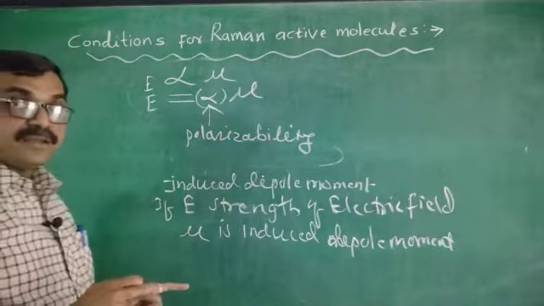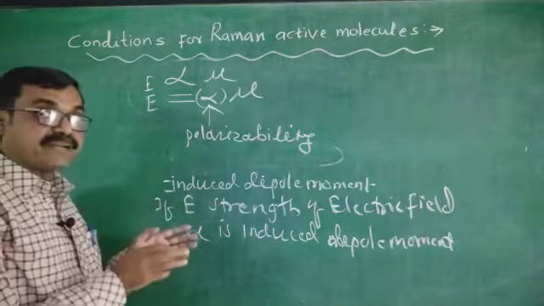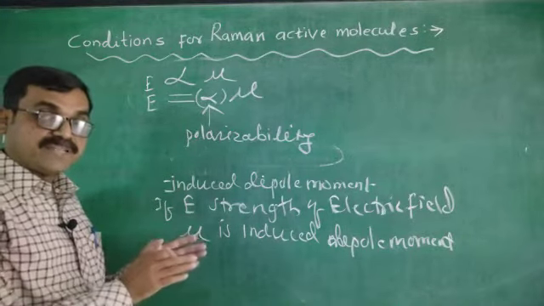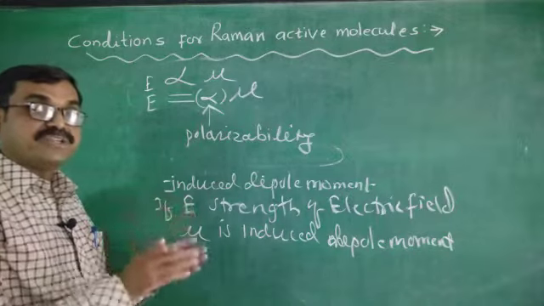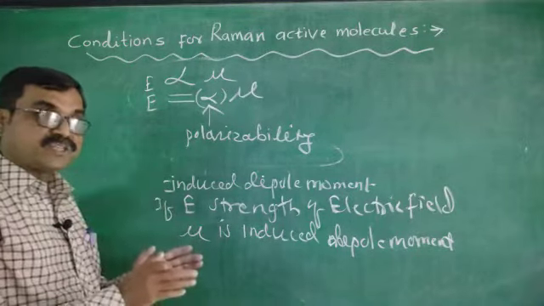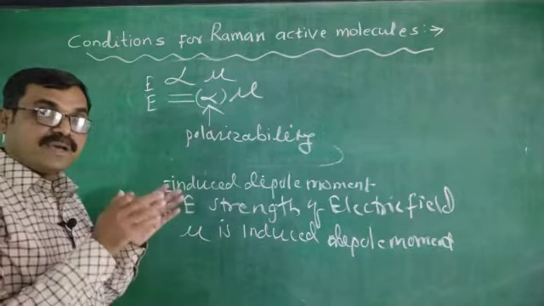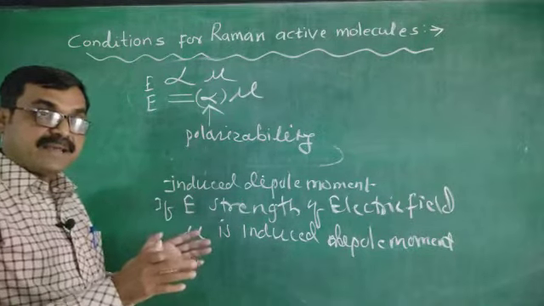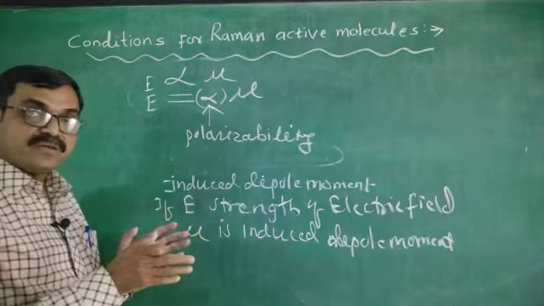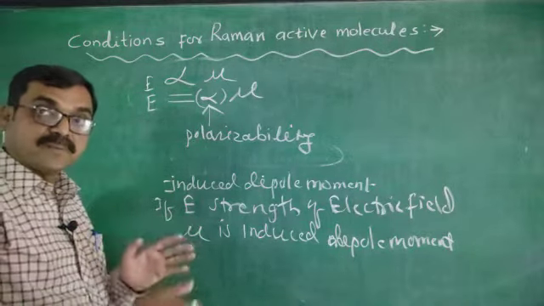Okay. Here, initially we stated that in order to show the Raman spectra, there should be a change in the polarization. When a sample is there and an external electric field is applied, there will be distortion which causes the induced dipole moment.